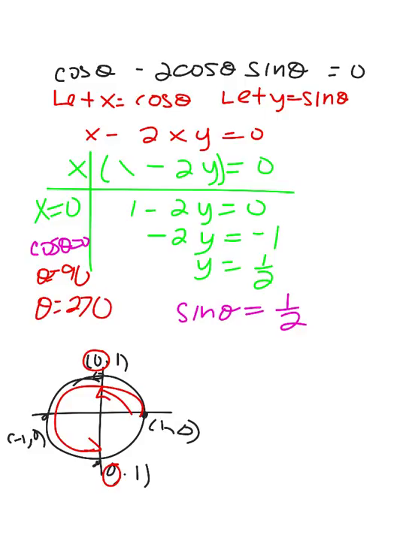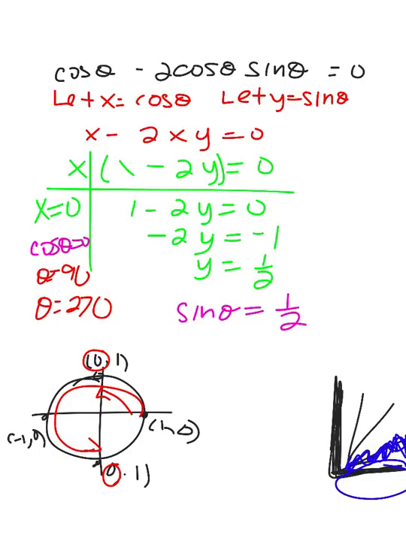Okay, so now we have sine theta equals 1/2. So this is my pinky, this would be my thumb, and then I have my 3 fingers. I want sine to be 1/2. So I'm going to put in this finger here. Again, that's 30, because this is my sine. That'd be 1/2. All right, so that sine is equal to 30.